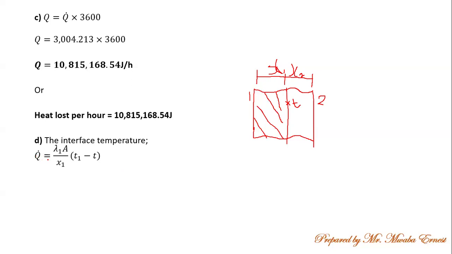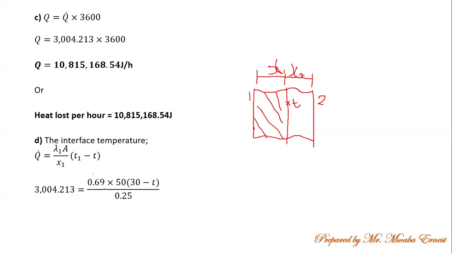Here I have Q dot equal to lambda 1 over x1, I have the area here, and I have T1 minus T. So with this in mind, I will just go ahead and substitute, having in mind that I'm just looking for this T here. This rate of heat transfer, we found it as 3004.213.